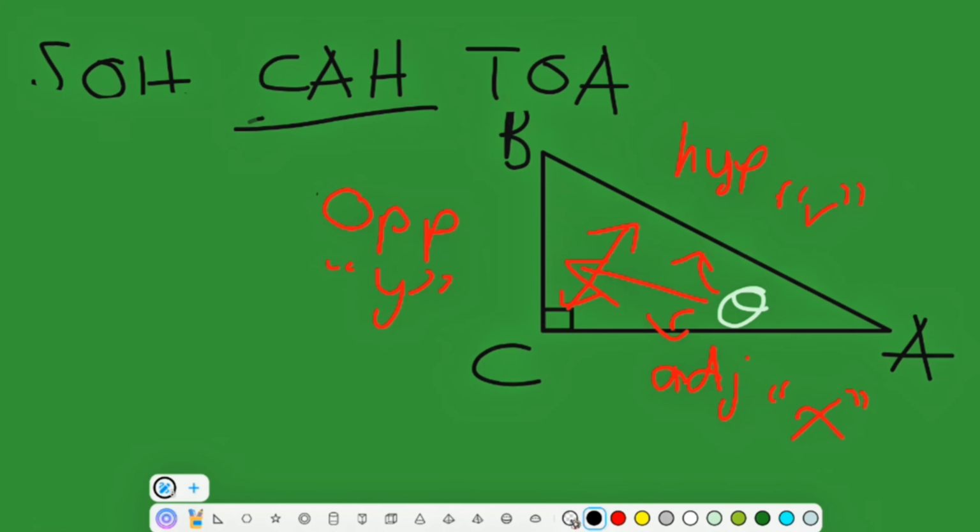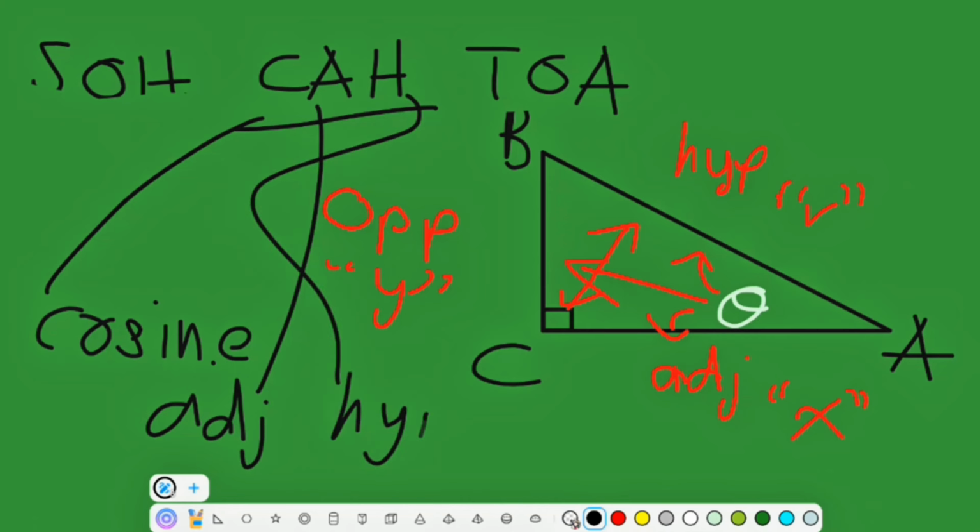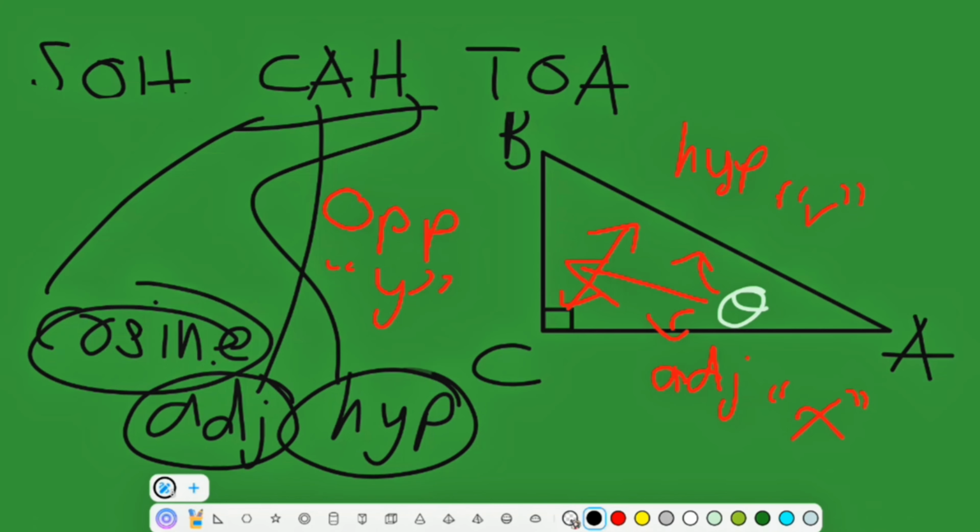CAH is cosine, adjacent, hypotenuse, meaning cosine of a certain angle is equal to adjacent over hypotenuse.